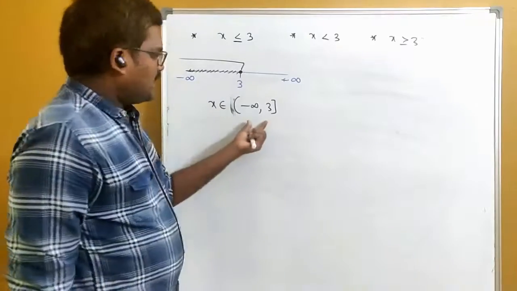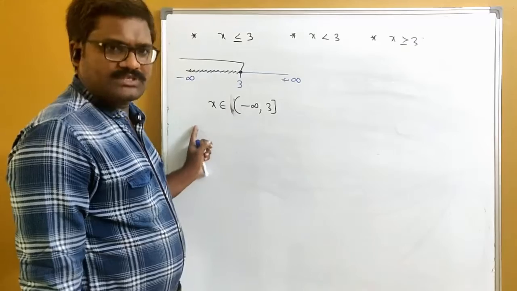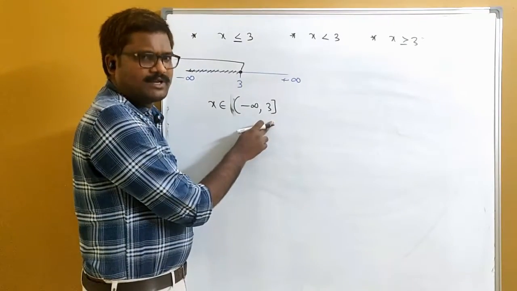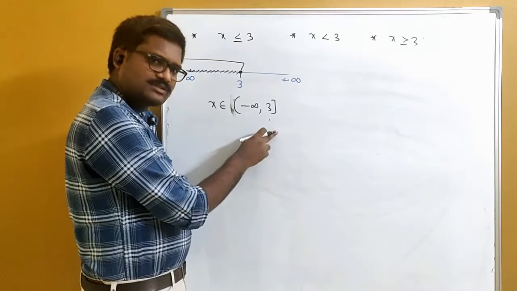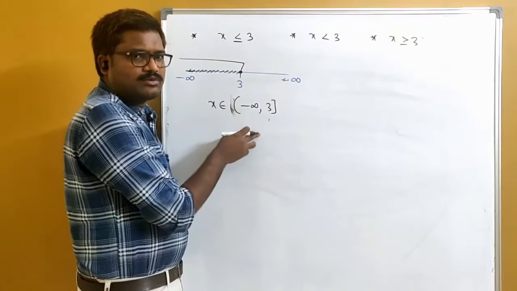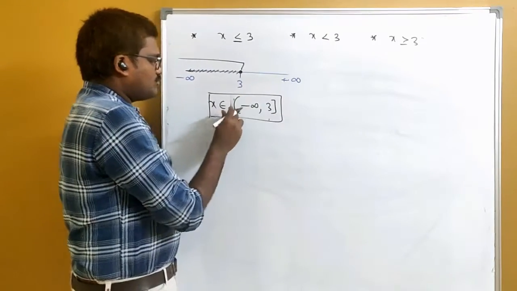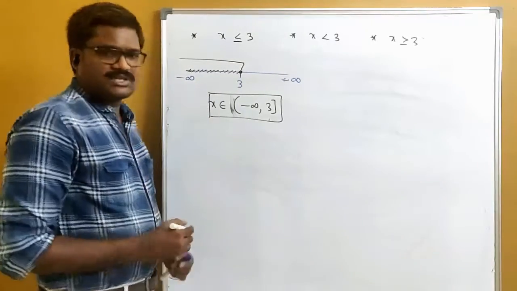In fact, interval will give me the range of the variable, isn't it? What is the meaning of range? Minimum value to maximum value. So here maximum value is 3. But here minimum value I don't know. So that's why I am writing x belongs to open interval minus infinity comma closed interval 3. And I hope this is clear to you.